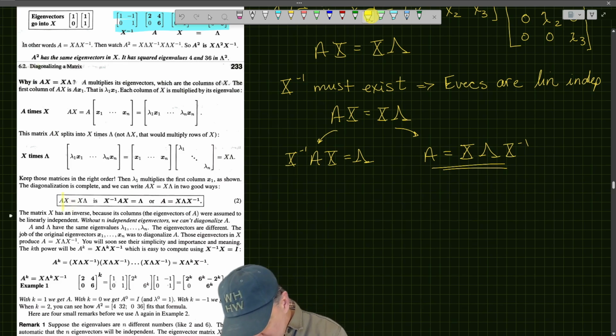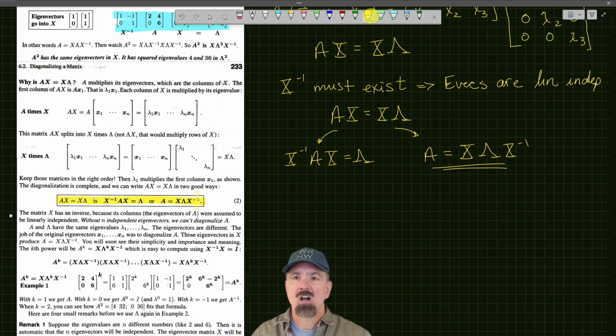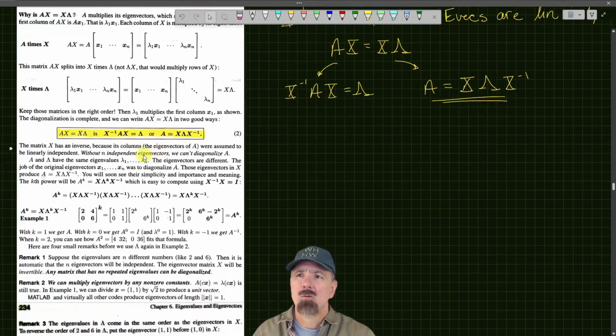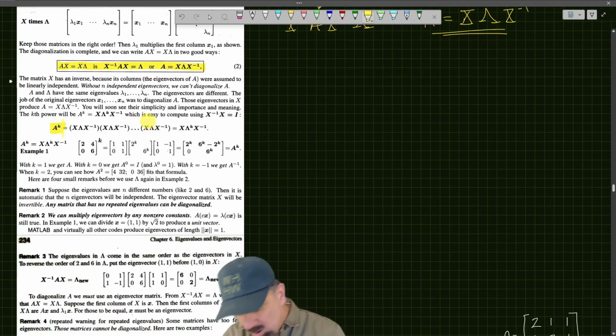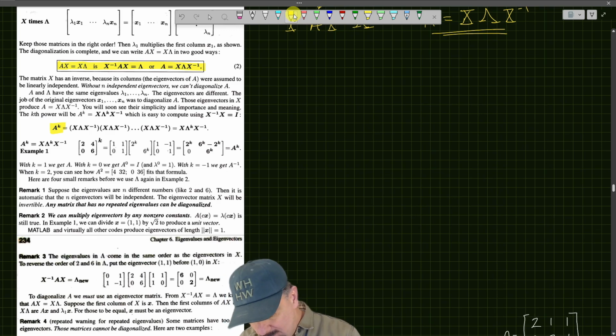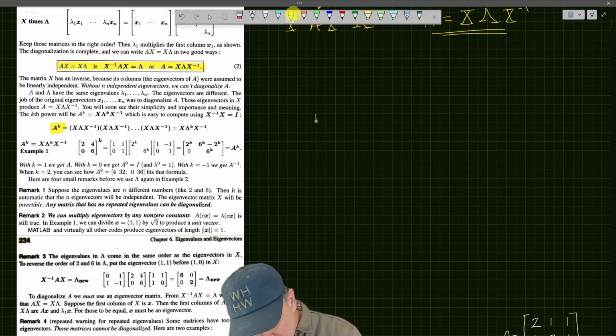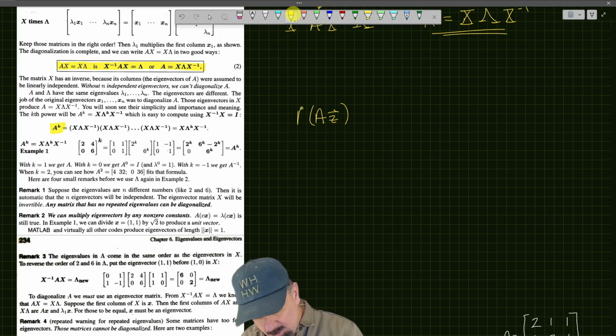So he provides these two representations right here, and he talks about them, and he talks about the power of being able to do several multiplications by A. So think now of where we're talking about the recursion. We have A times some vector z, and then once we get that vector, we're going to multiply by A again.